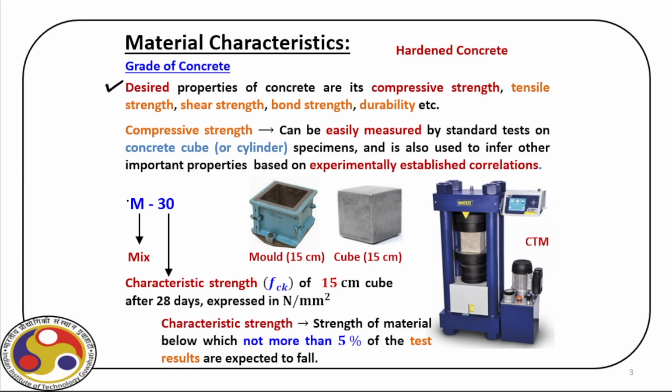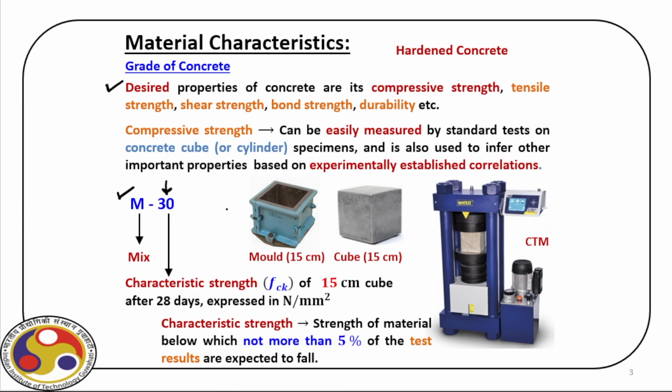Right? Now, how do you define a concrete mix? We have already discussed. It is M, that stands for mix, and the characteristic value. For example, M30 means the characteristic strength FCK is 30 Newton per millimeter square. Of course, for that we have a very standard procedure.